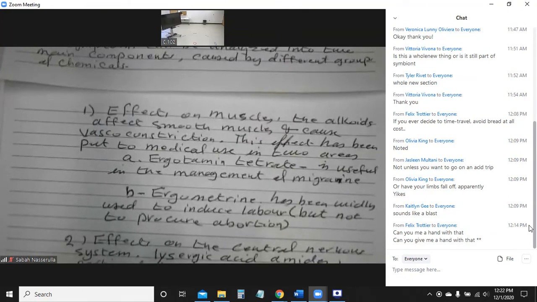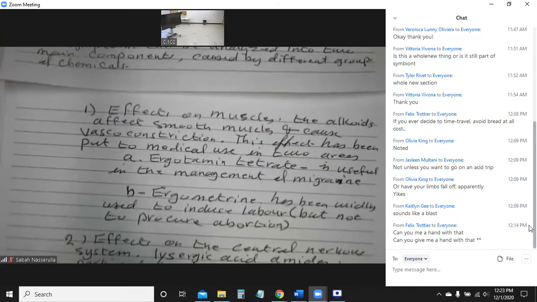As I mentioned, these are basically dramatically potent hallucinogens. Hallucinogens.